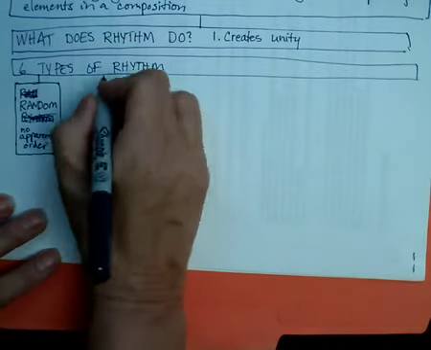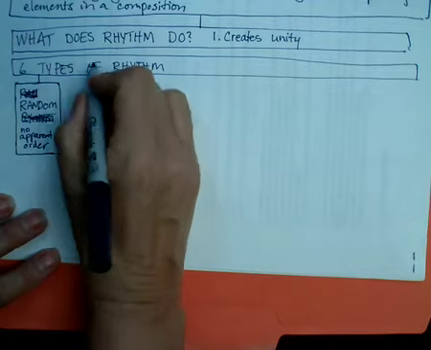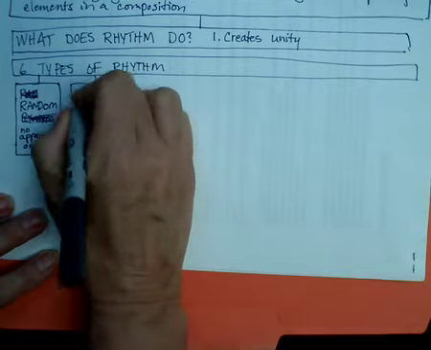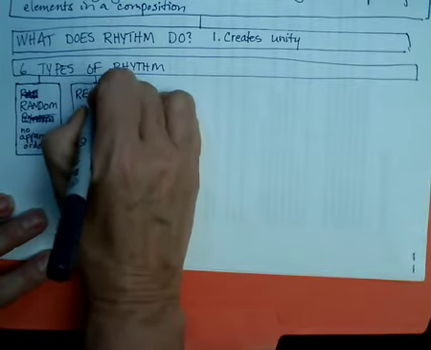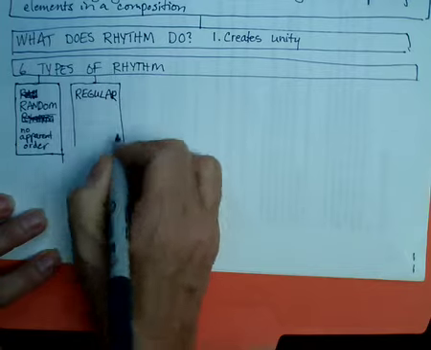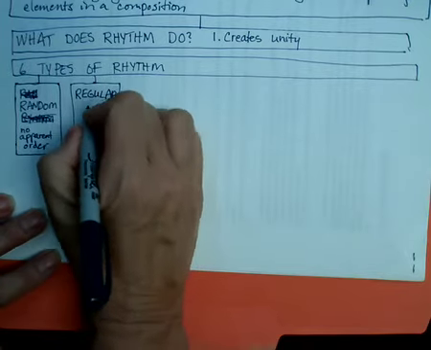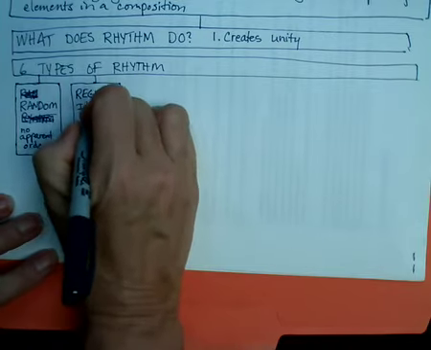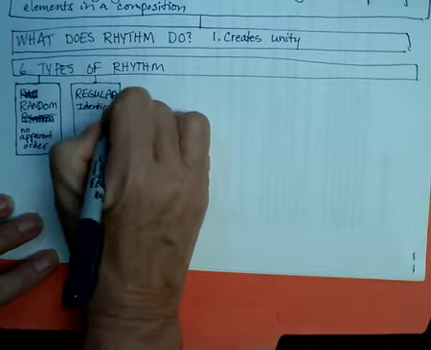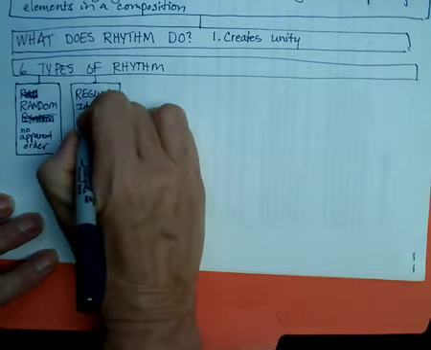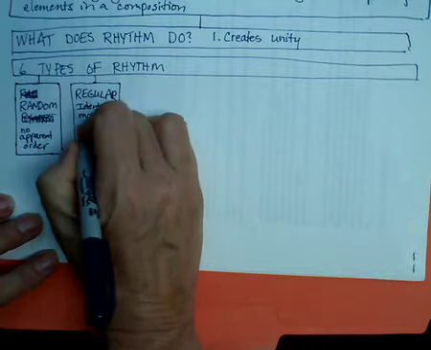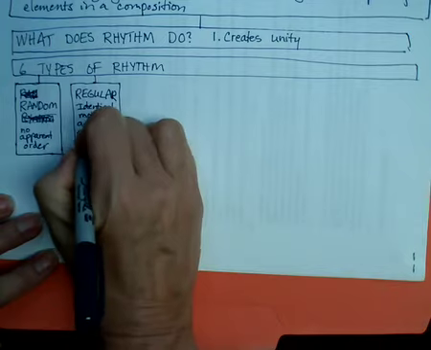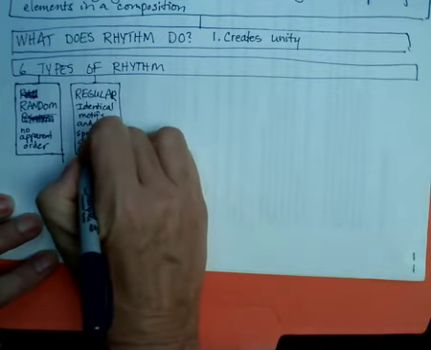Okay, so another kind of rhythm is regular rhythm. That's when you have identical motifs, and I'm going to introduce a new word here you may or may not know, motifs, and equal space around them.